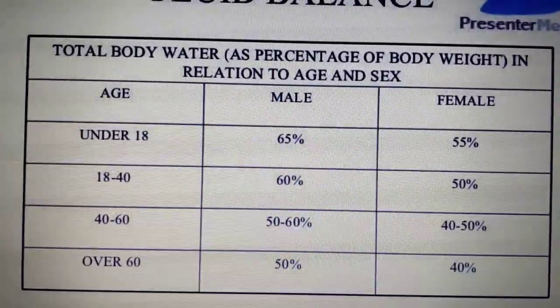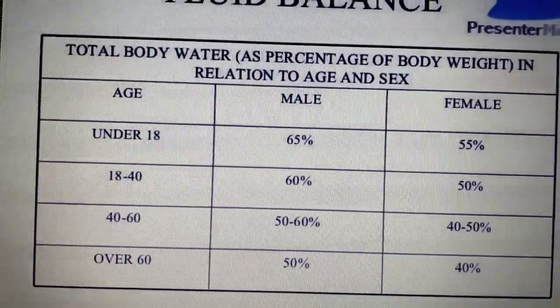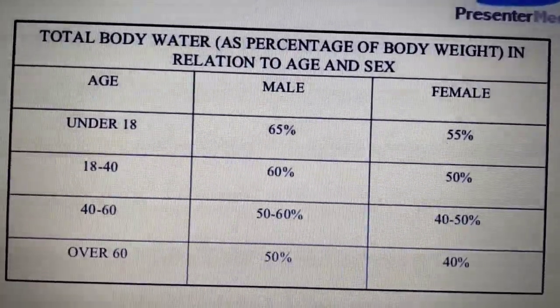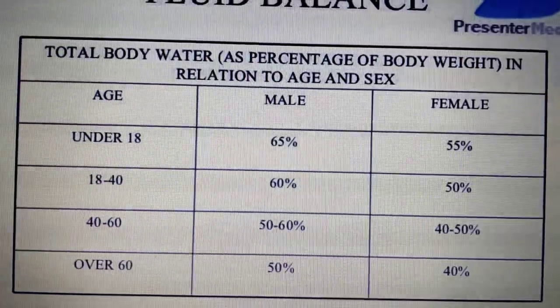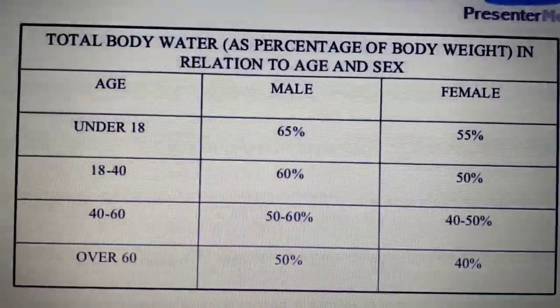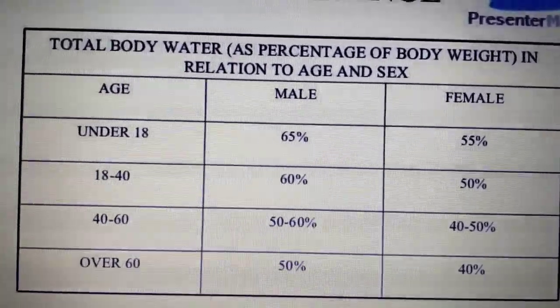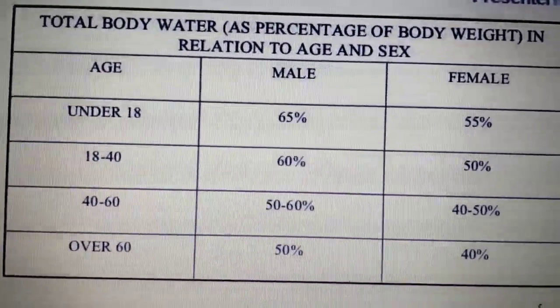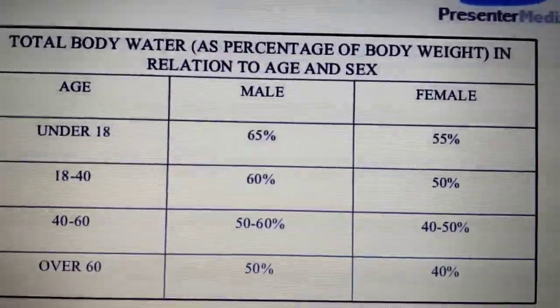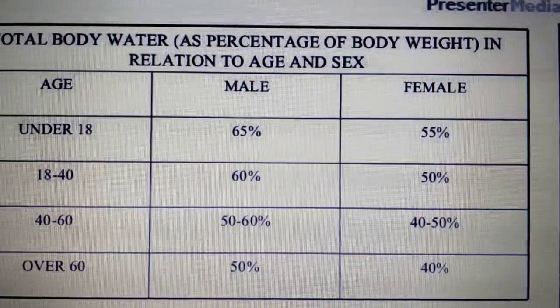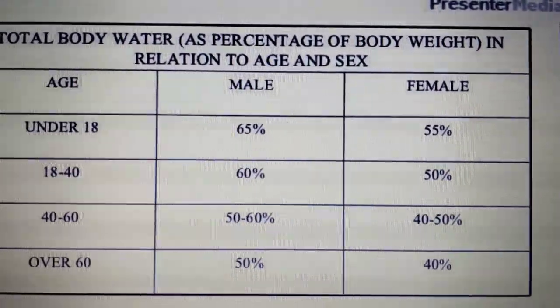If the age is between 18 to 40, the male has 60% water and the female 50% water. For 40 to 60 years, males consist of 50 to 60% water, and in females it is 40 to 50% water.